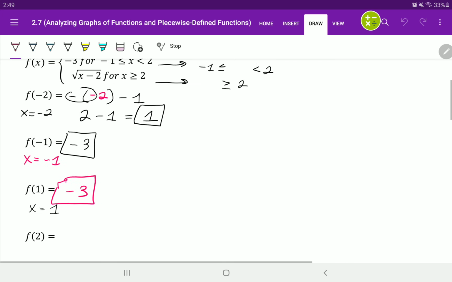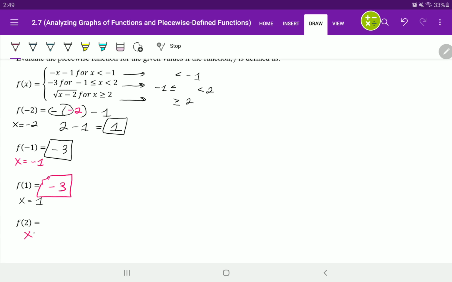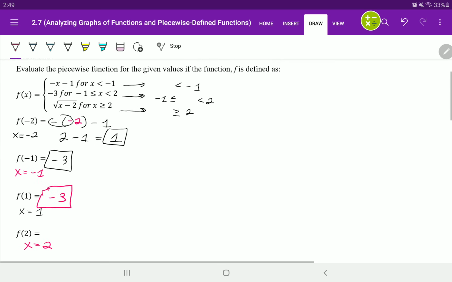And now the x value we're focusing on is going to be positive 2. X equals 2. So we're going to plug in 2 into the restrictions: 2 here, 2 here, and 2 here. Can 2 be less than negative 1? No. Is 2 a number between negative 1 and positive 2?